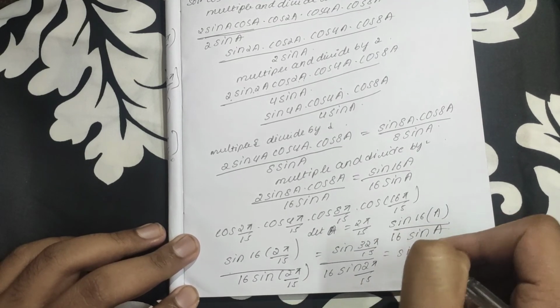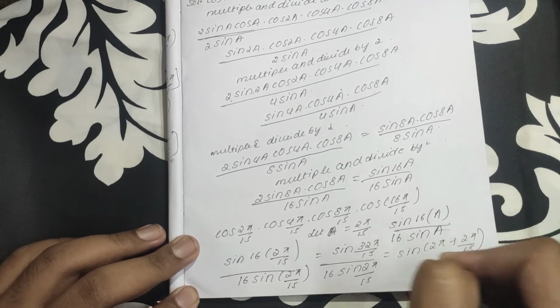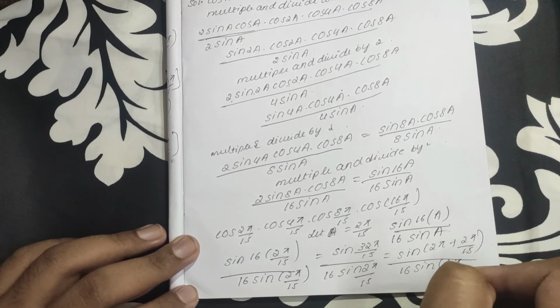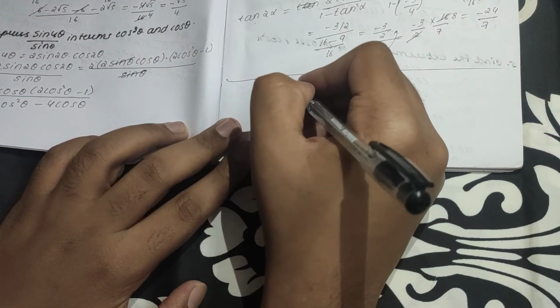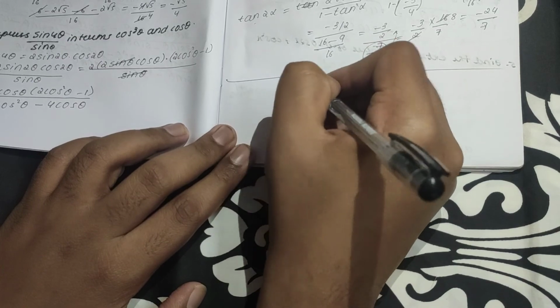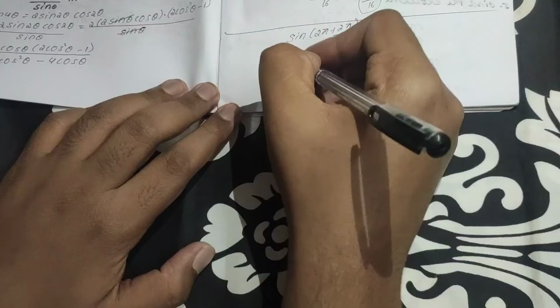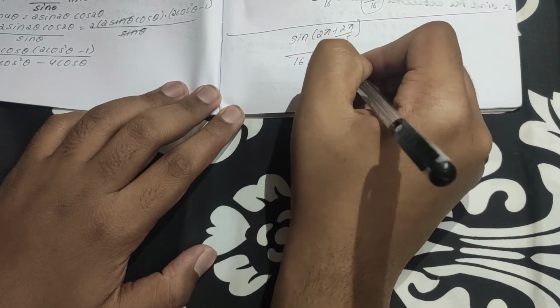This can be written as sin of 2 pi plus 2 pi by 15 by 16 into sin 2 pi by 15.